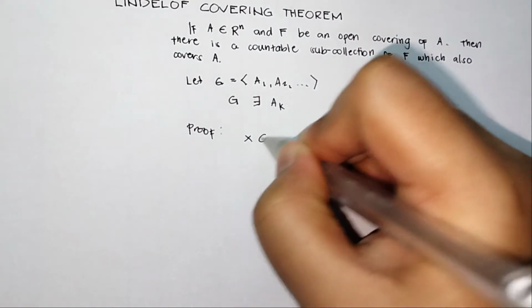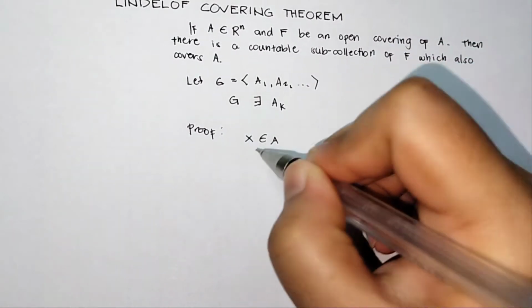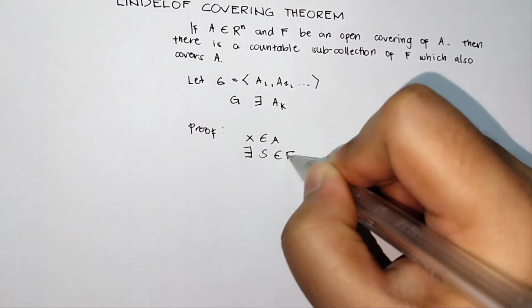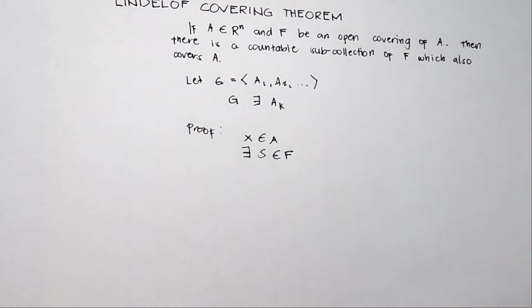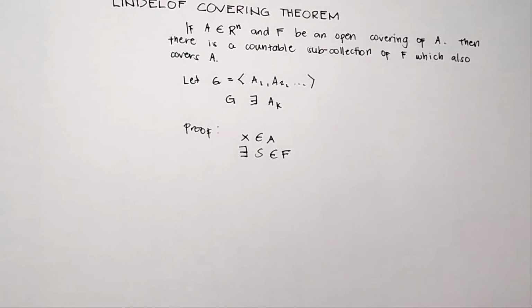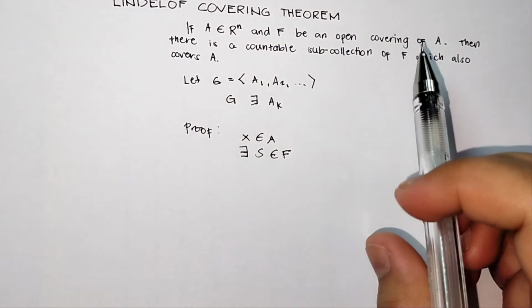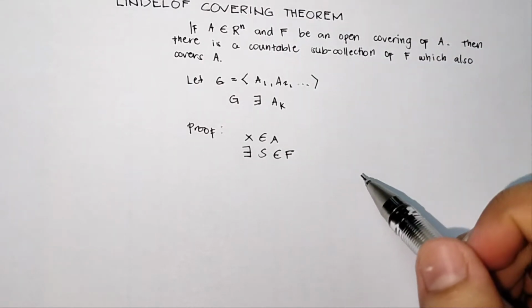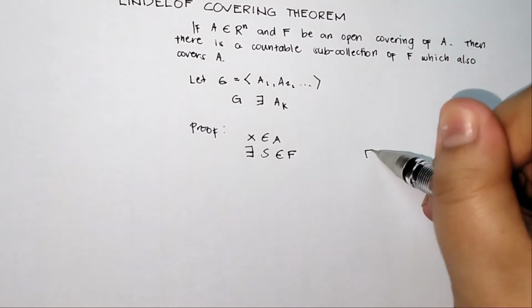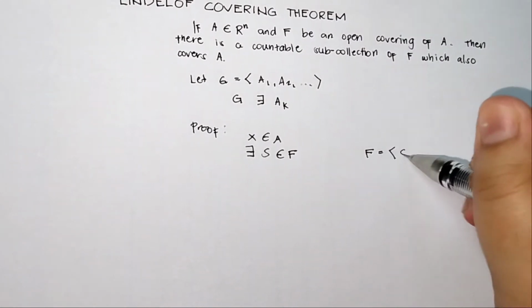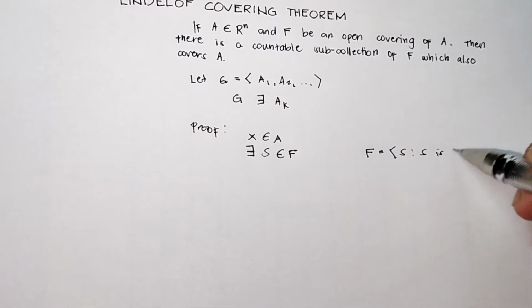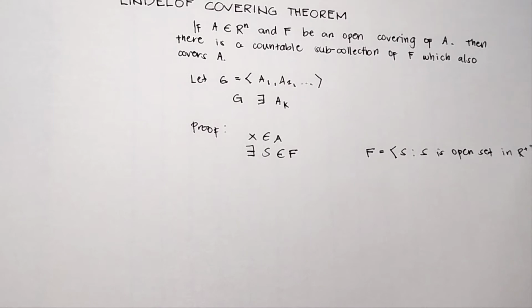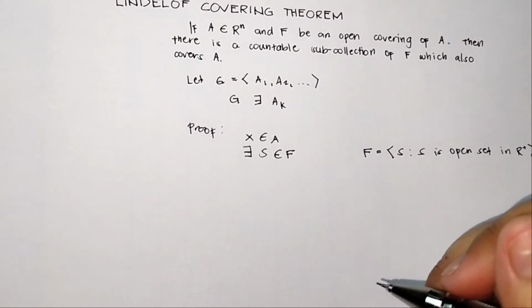Let x be an element of A, and then there exists S, an element of F. So we know that F is an open covering of A. So in F, there is an open set S, an open set in R^n.